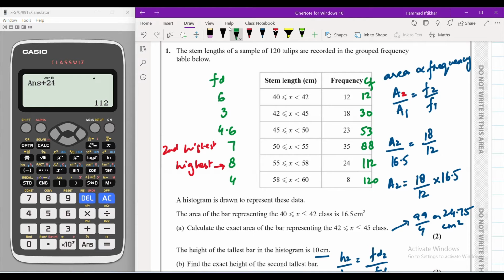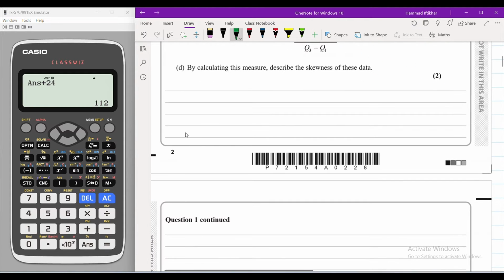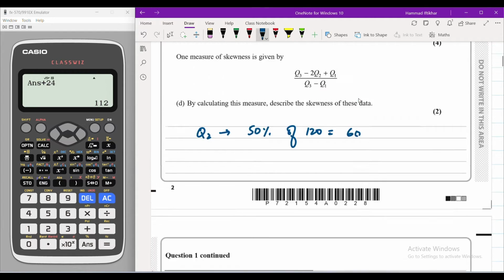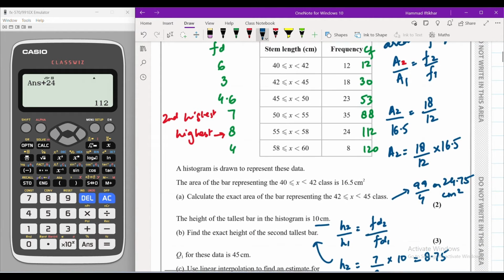So for the median, we have 50% of 120, which is 60. So we need to look for where 60 is. 60 is going to be in this class over here. And while we're at it, let's find the class for the upper quartile also, 90. That's going to be in this class.